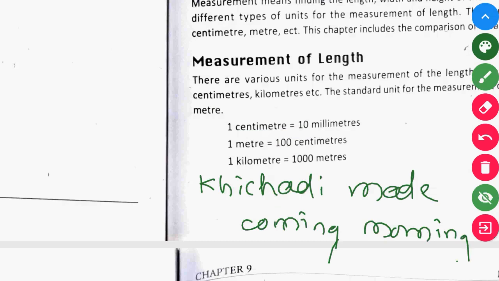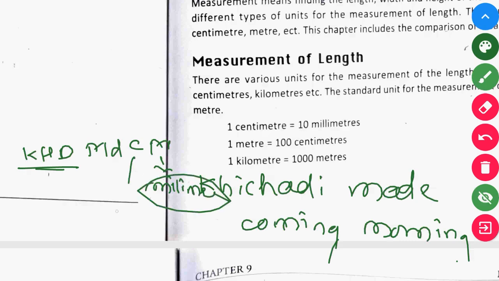Now, what is the short form? From khichdi we took K and H, and D. From made we took M, and from coming we take C, and from morning we take M. Now see, this M stands for millimeter, this C stands for centimeter, this D stands for decimeter.